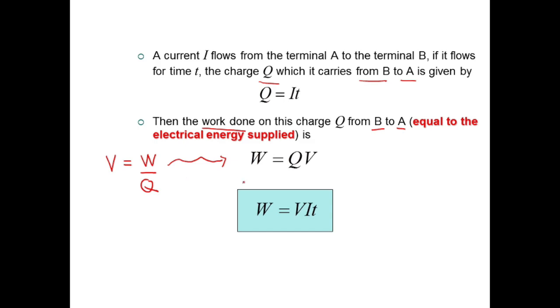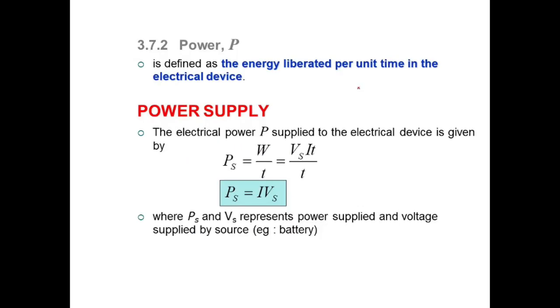From this definition, work is the energy required to bring charge from A to B due to potential. By definition, power, with symbol P, is the energy liberated per unit time in the electrical device.